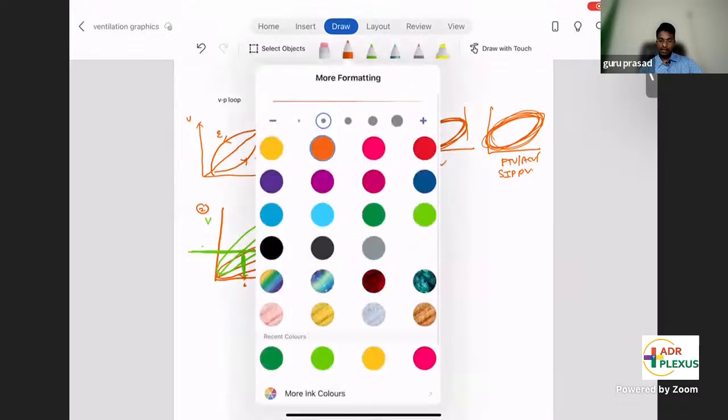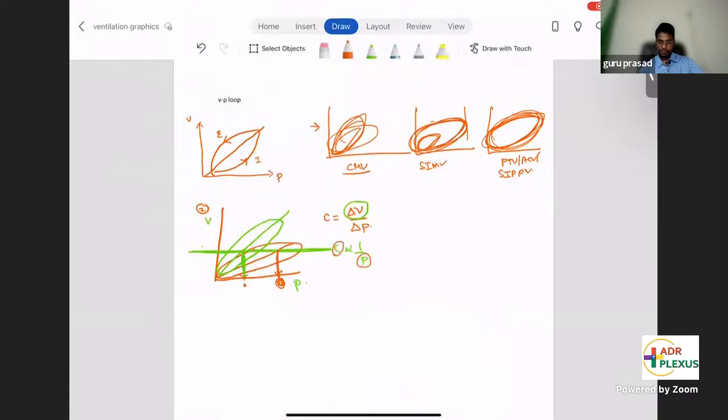Similarly, I will give you one more graph. So basically A, B, C. All graphs have the same volume. Now tell which graph of A, B, C is having more compliance. Can anyone put it in the chat box?